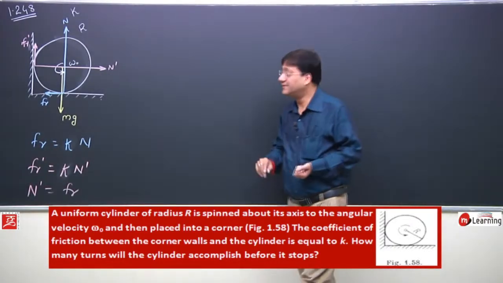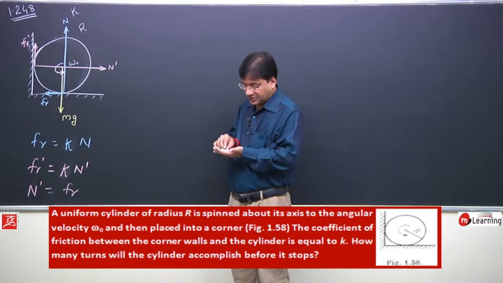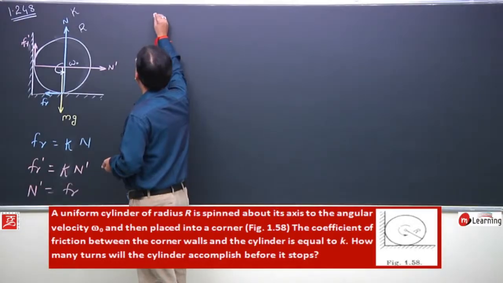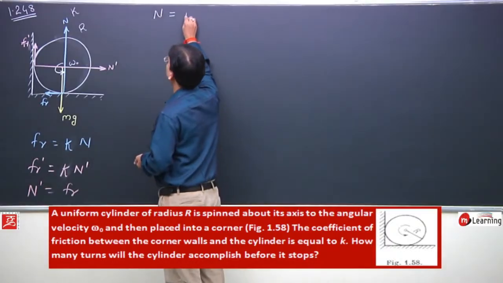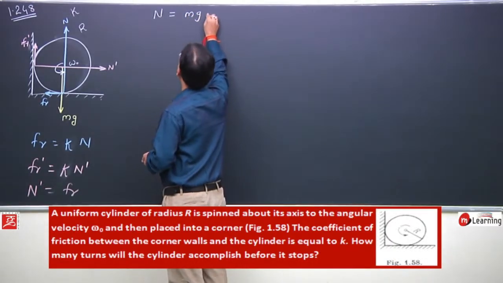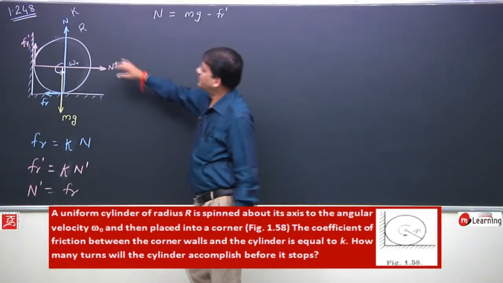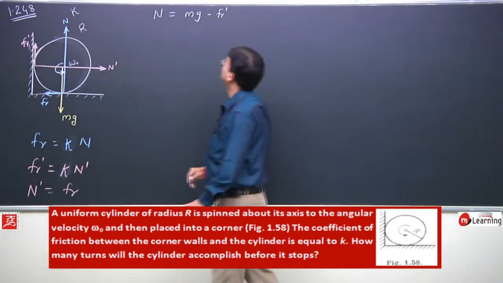Now, see this. After writing this, I will say in vertical direction one can always write normal reaction is equal to mg minus Fr dash.